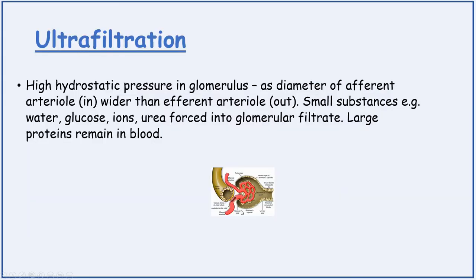So ultrafiltration happens between the glomerulus and the Bowman's capsule. There's a high hydrostatic pressure in the glomerulus, this network of capillaries, because the diameter of the afferent arteriole is a lot wider than the diameter of the efferent arteriole.